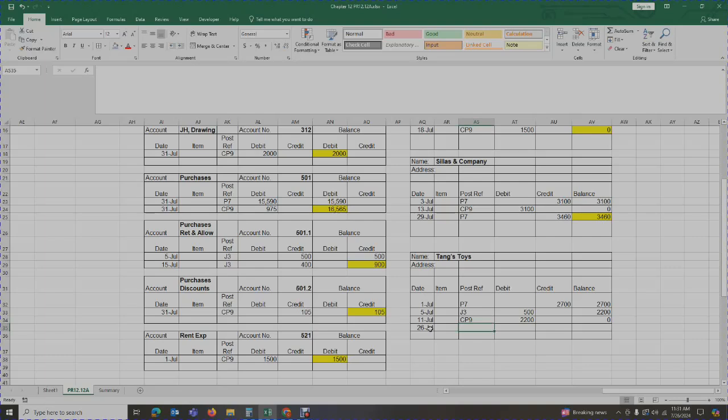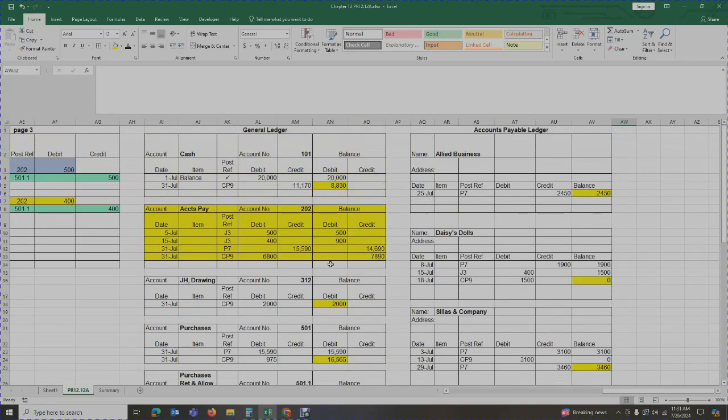So here we have Purchases Journal number 7, and we have a credit of $1,980. So that is my ending balance, $1,980.